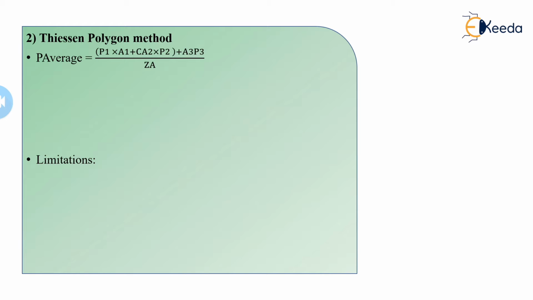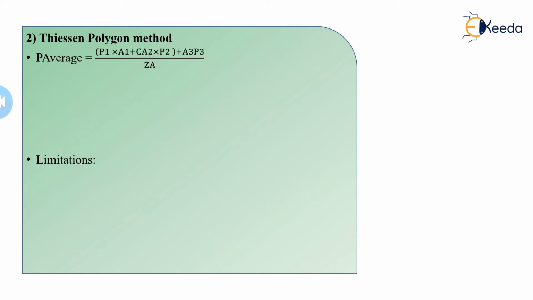P average is equal to the area enclosed in the Thyssen polygon multiplied by the precipitation of that rain gauge station, plus the area of the second rain gauge station multiplied by the precipitation of the second rain gauge station, and likewise up to P n into the area of the nth station, divided by the summation of areas.